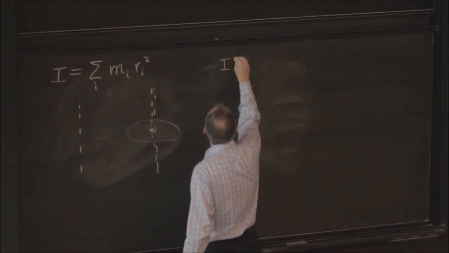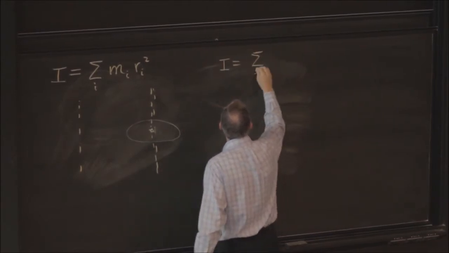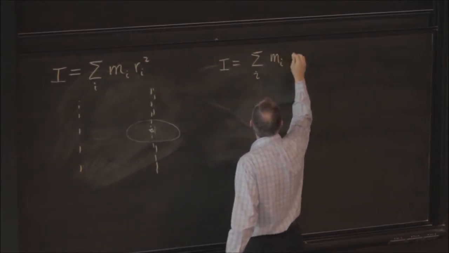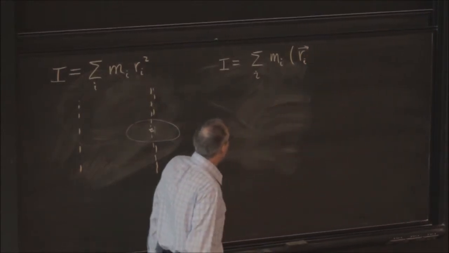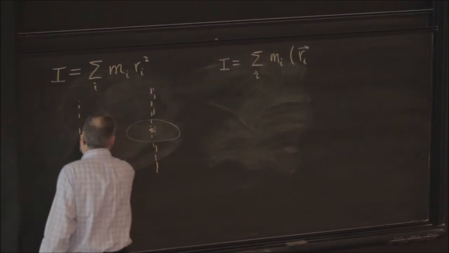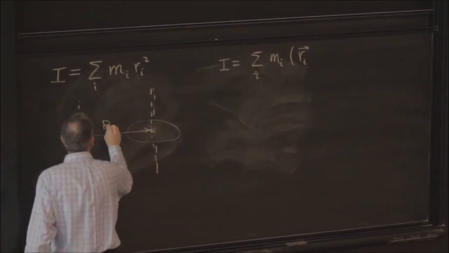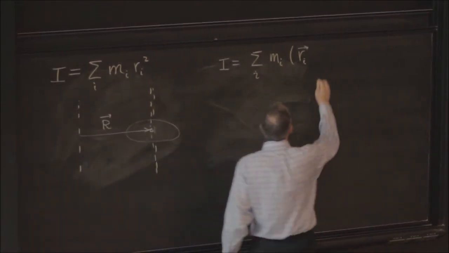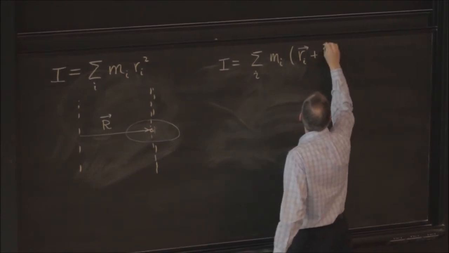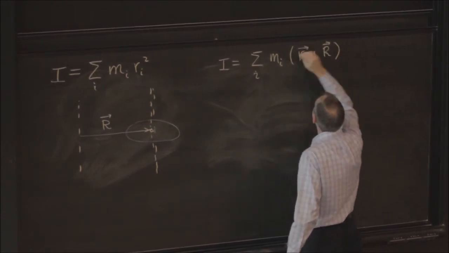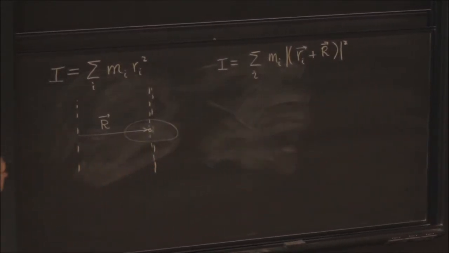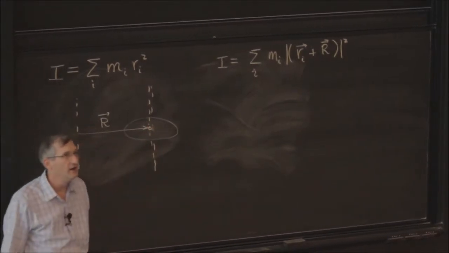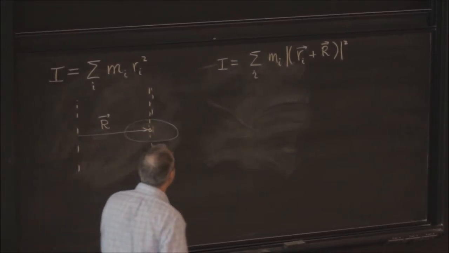So I is the sum of m_i times r_i plus, and I'm going to displace by big R. So I'm just going to move the axis away by a distance capital R.